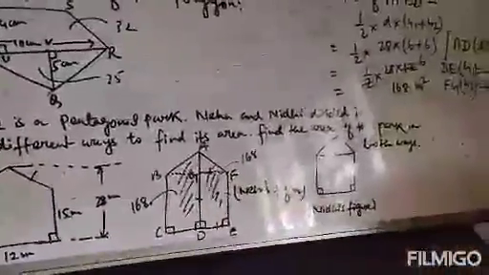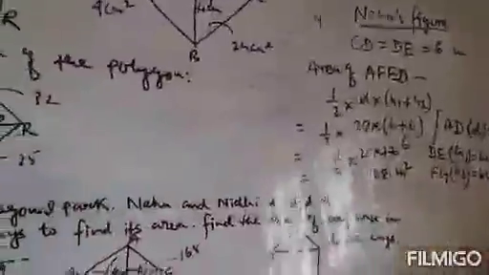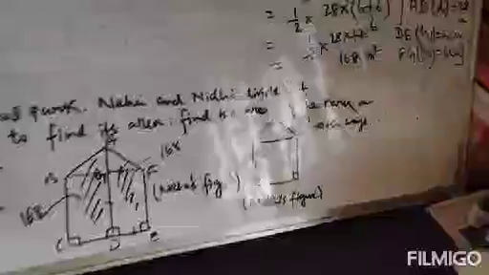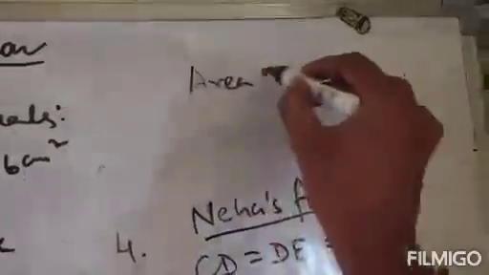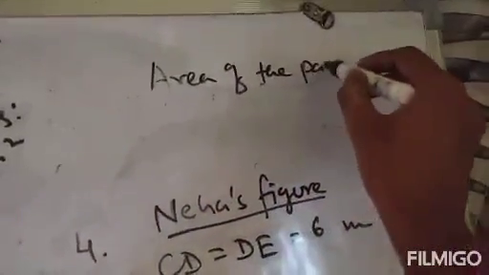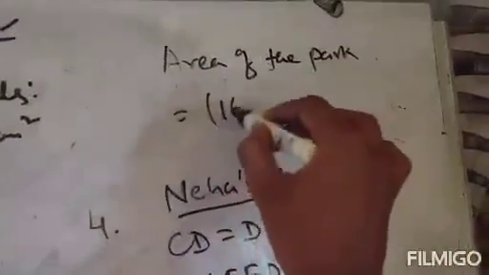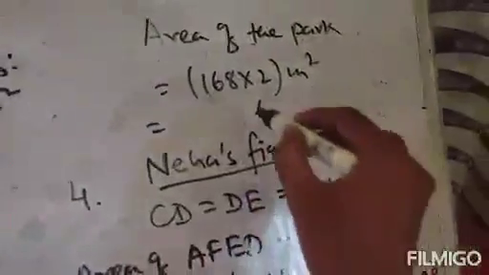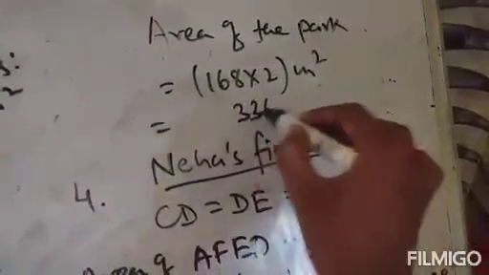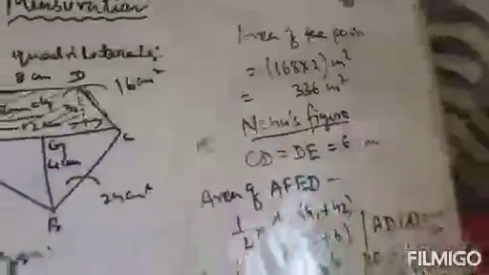So we have to just multiply into 2, or we can add 168 plus 168 to find the area of this total park. So just write here: area of the park equals to 168 into 2 meter square, 336 meter square.